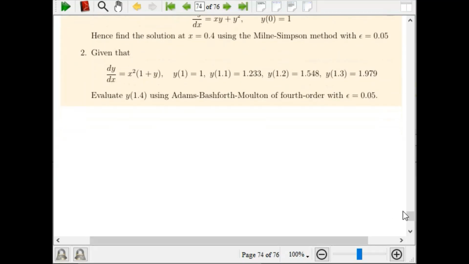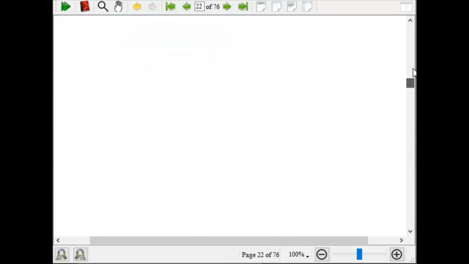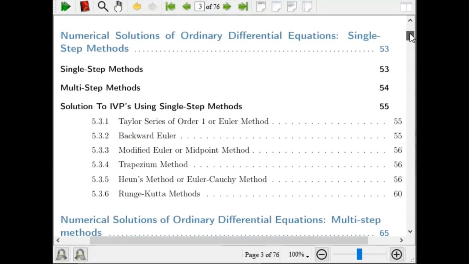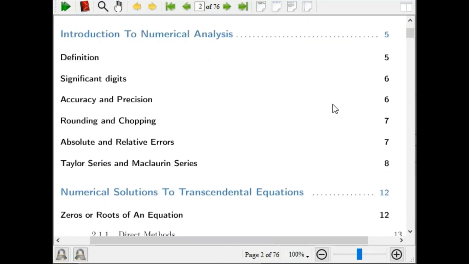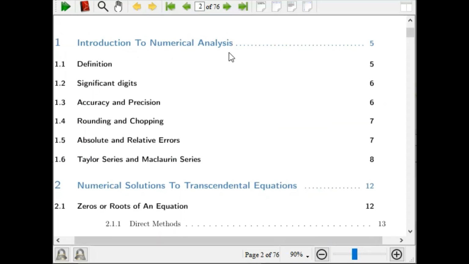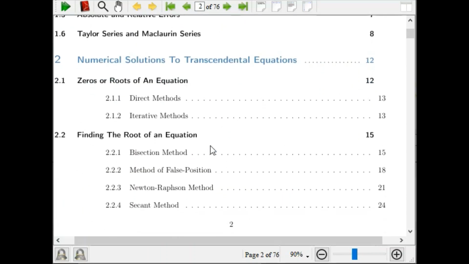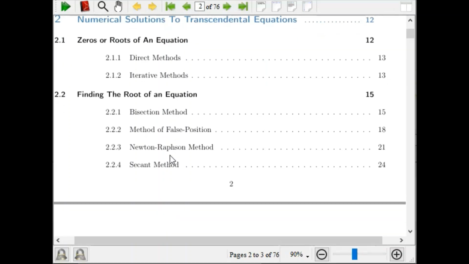We will end the semester here. So far, we started with a basic introduction. We looked at what numerical methods were and some of the things we would need in the semester: accuracy, chopping, errors, and Taylor series and Maclaurin series. We moved on to finding solutions to transcendental equations, the direct and the indirect or iterative methods.